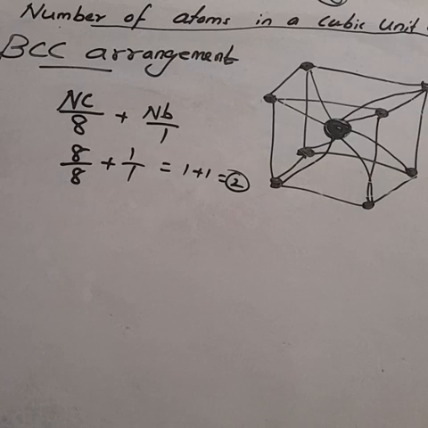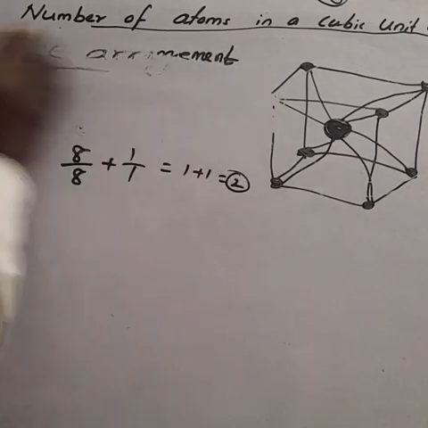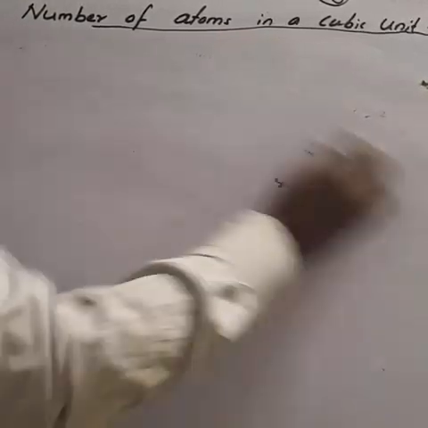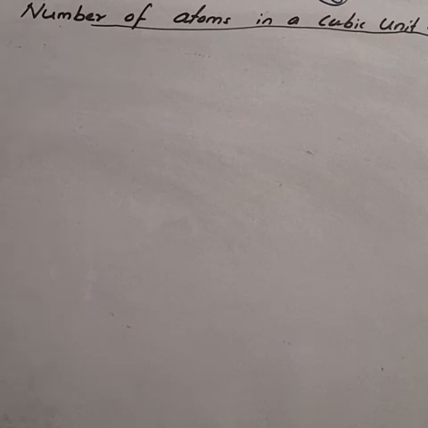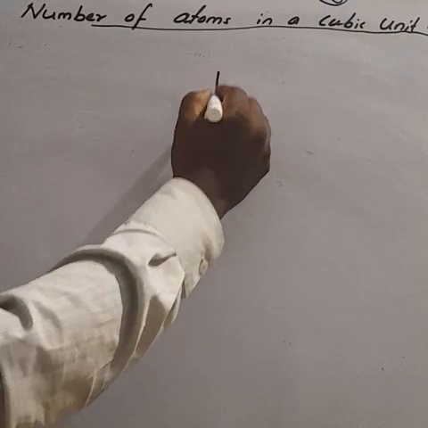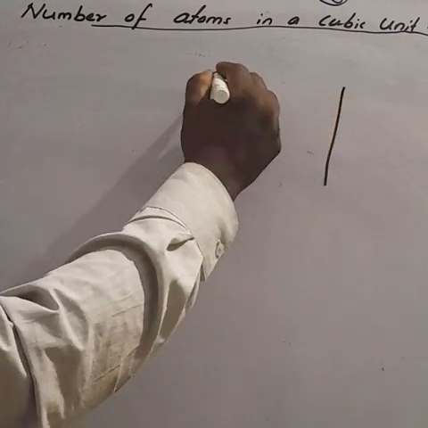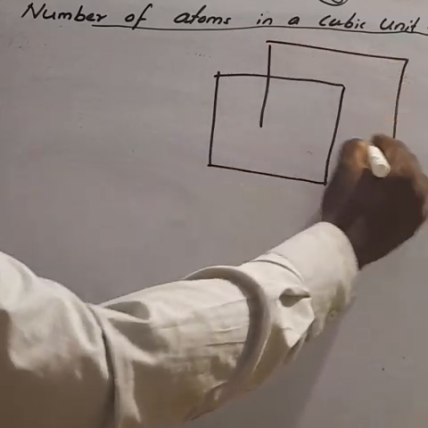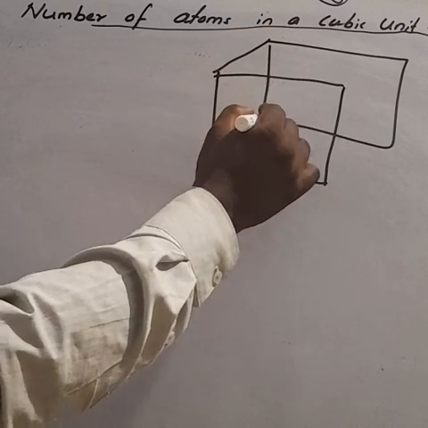Next, we can find out the face-centered. How can you find the face-centered? Let us see, I am drawing one face-centered cubic. First, I am drawing one face-centered cubic. This one.